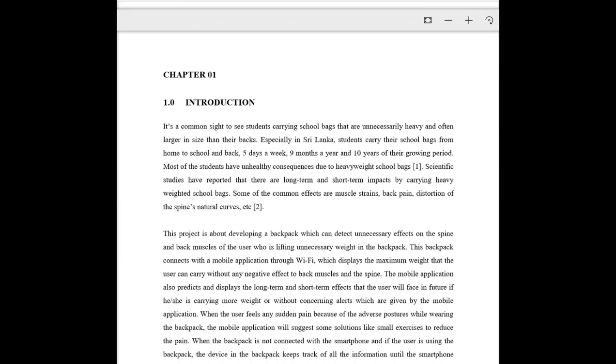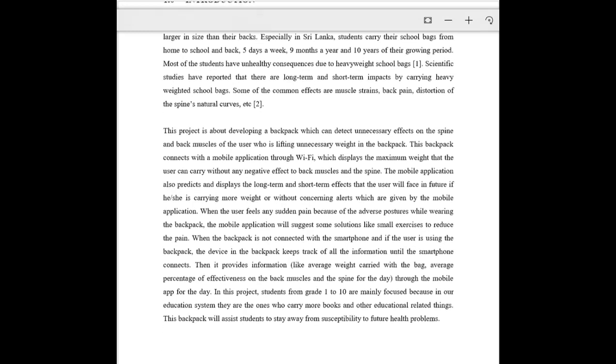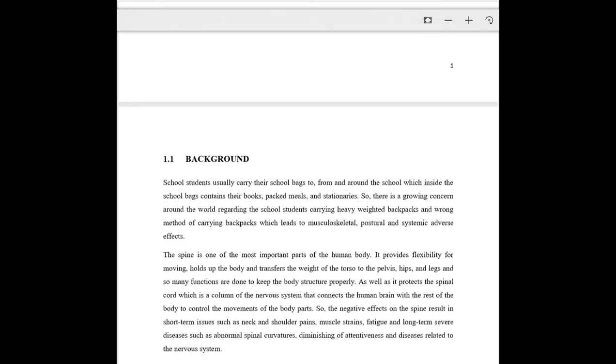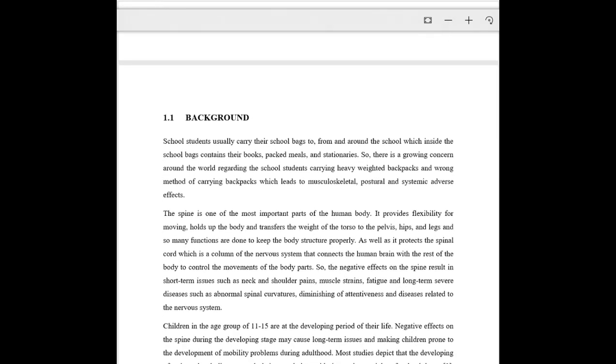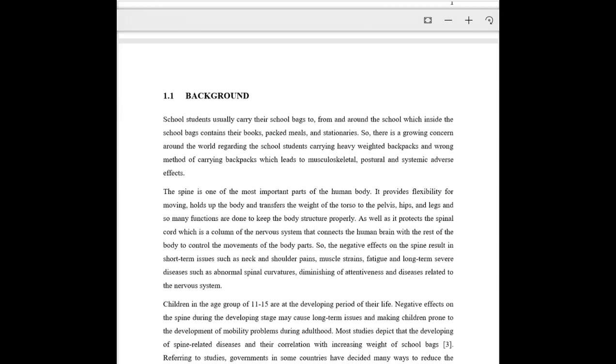So this is the chapter 1. Chapter 1 is all about the introduction. So this chapter 1.0 under the chapter 1 talks about the introduction, and the part 1.1 talks about the background.